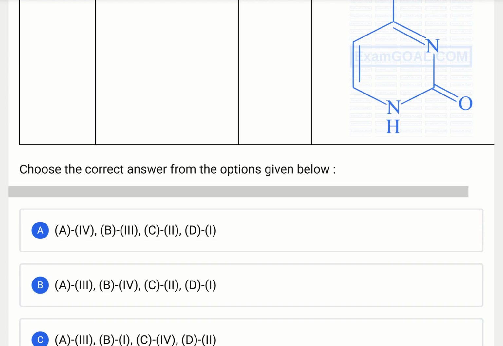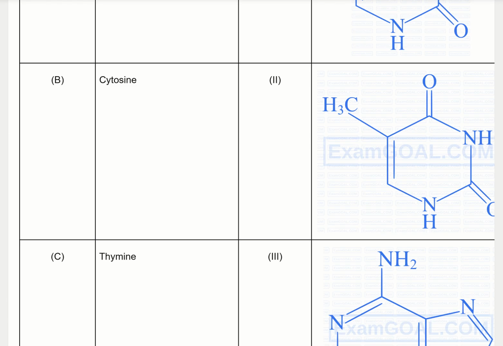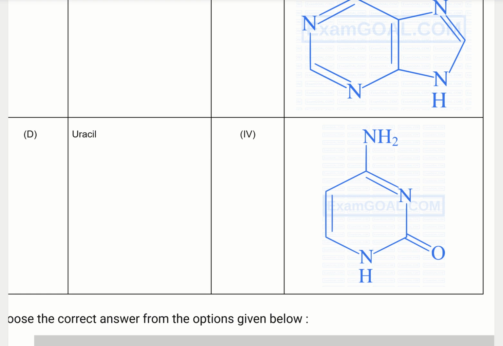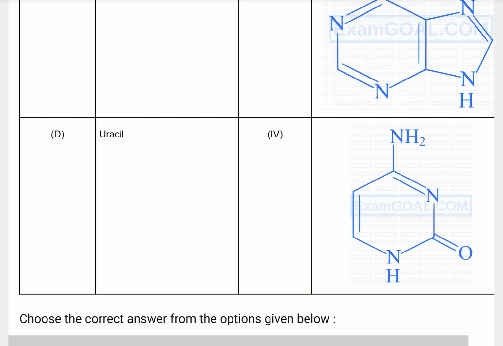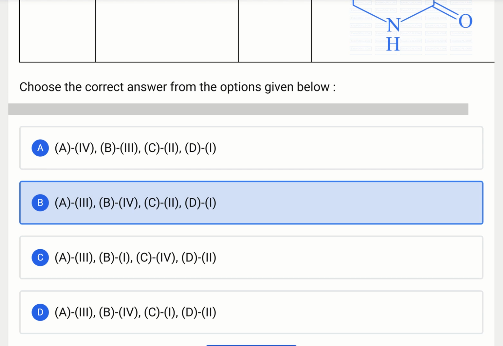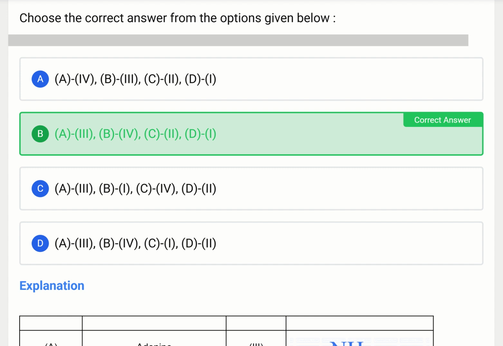So D is 1, and this is cytosine, B is 4. This is cytosine definitely. So D1, B4. Let us check this answer. Yes, we got the right answer.